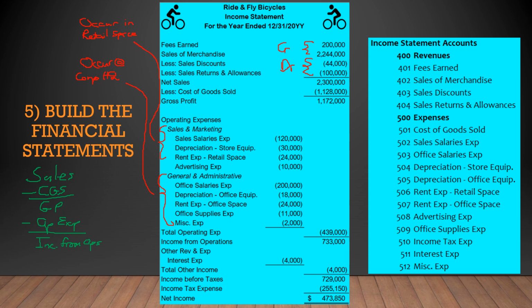Remember that operating expenses contains both S&M as well as G&A. Subtract or add other revenues and expenses to get income before taxes. Then subtract out income tax to arrive at net income.